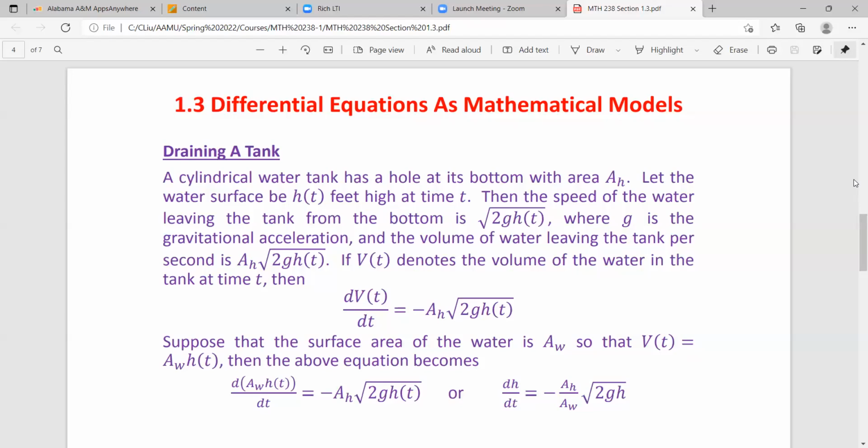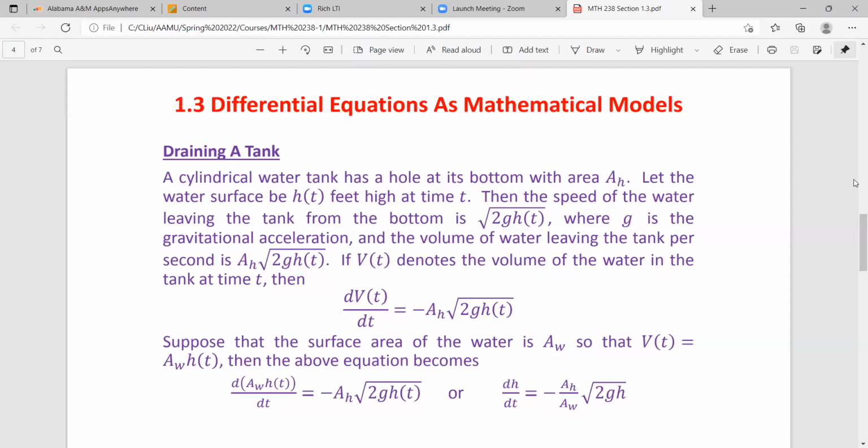Area of the hole times the speed of the water leaving the hole. Okay. So that's a rate of change of the volume, per second.